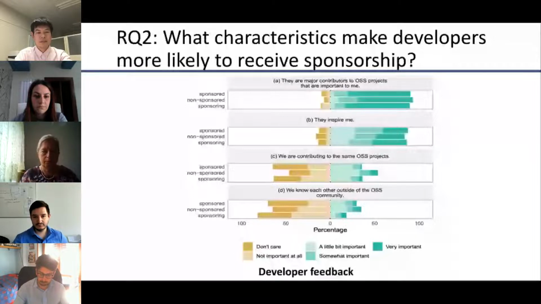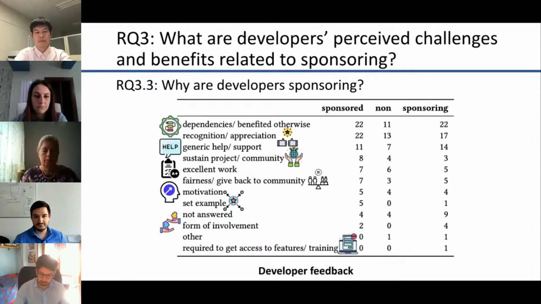We analyzed the responses on the reasons why developers sponsor other OSS developers. We found that having dependencies on the code written by the receivers of the sponsorship, and recognition, then appreciation, are the most frequently mentioned reasons for all defined roles of OSS developers.